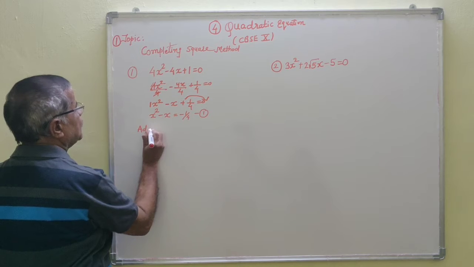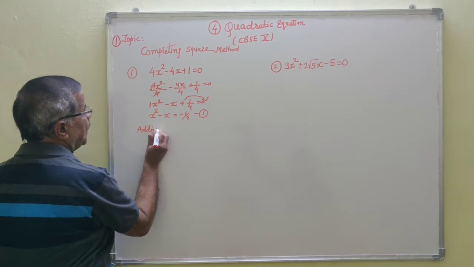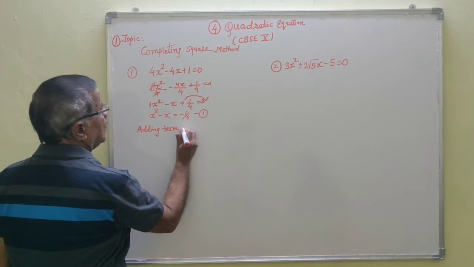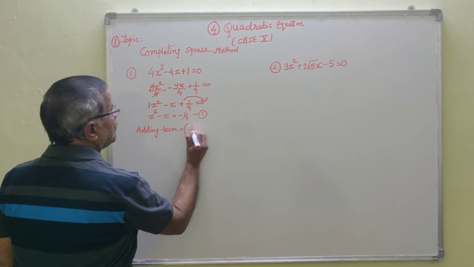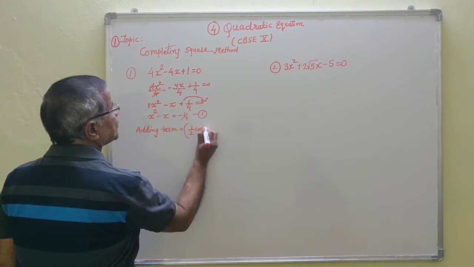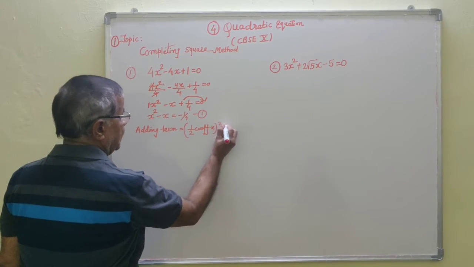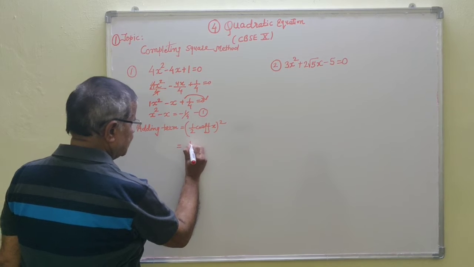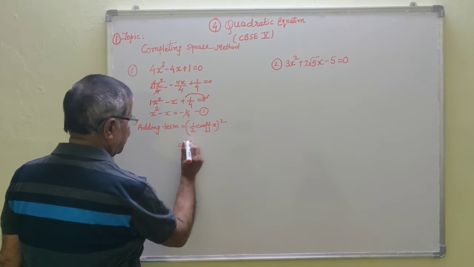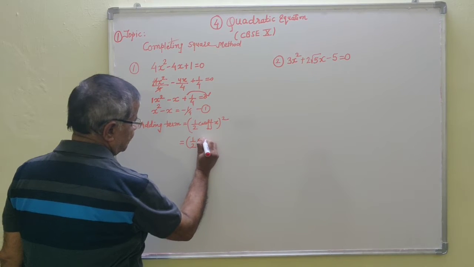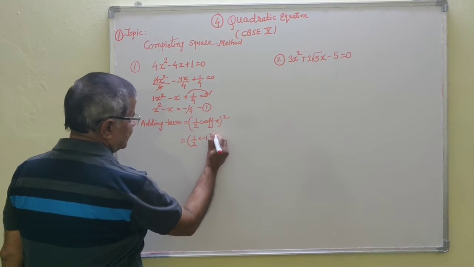Adding term is equal to half the coefficient of x, the whole square. Now what is the coefficient of x here? Minus 1, but here it is squared, so minus 1 or plus 1 will remain the same.